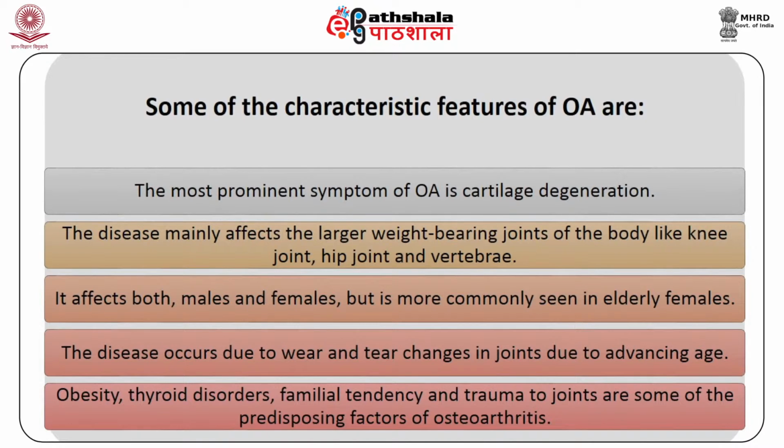The disease mainly affects the larger weight-bearing joints of the body like knee joint, hip joint and vertebrae. It affects both males and females, but it is more commonly seen in elderly females. The disease occurs due to wear and tear changes in joints due to advancing age. Obesity, thyroid disorders, familial tendency and trauma to joints are some of the predisposing factors of osteoarthritis.